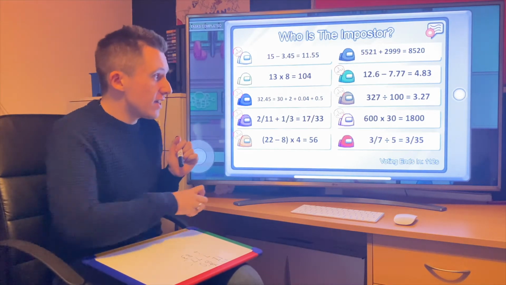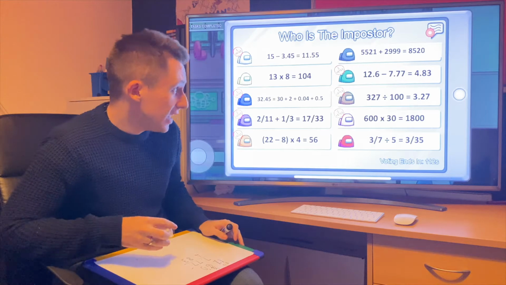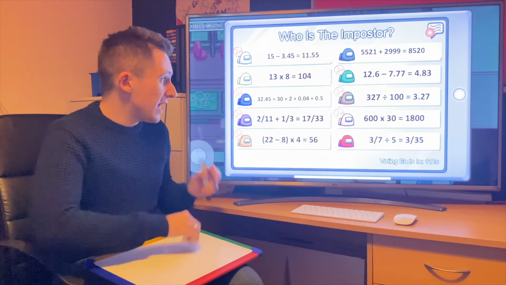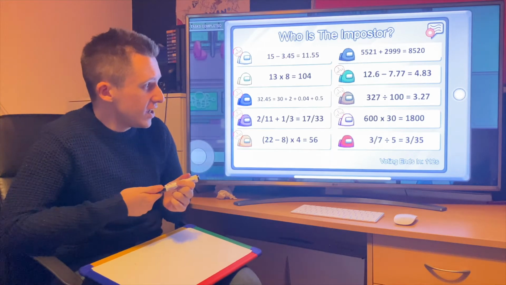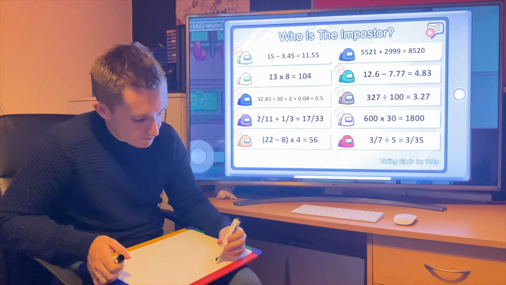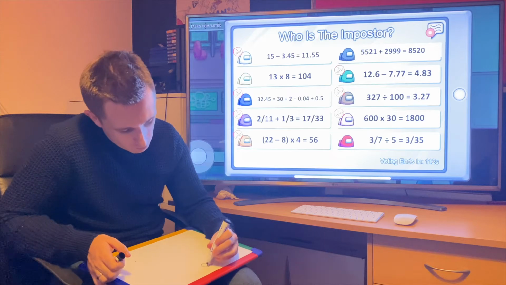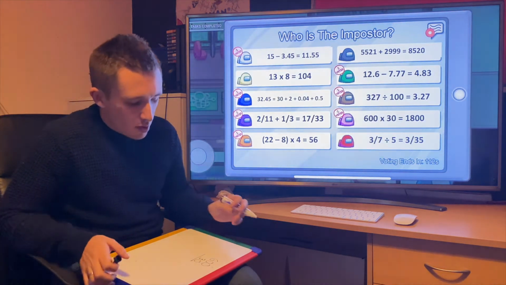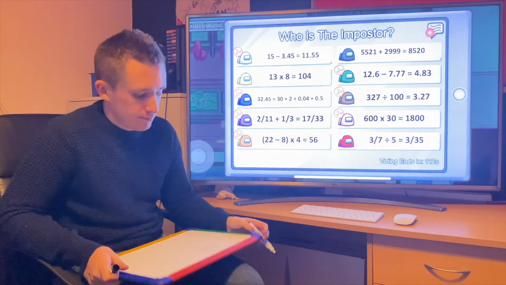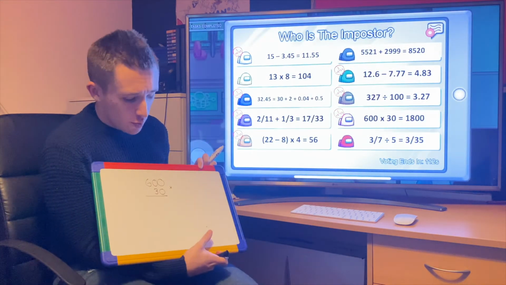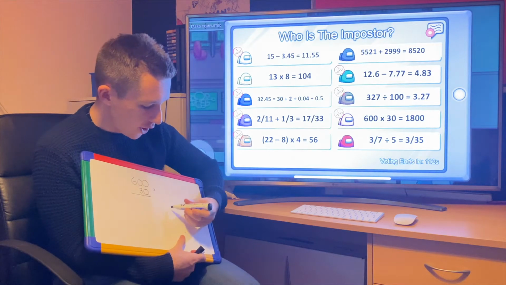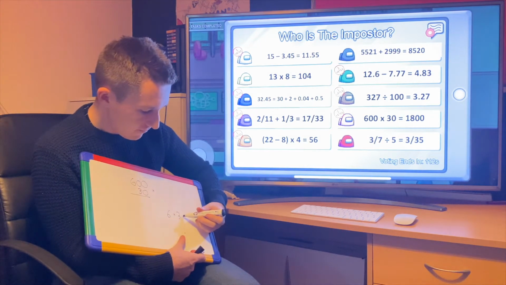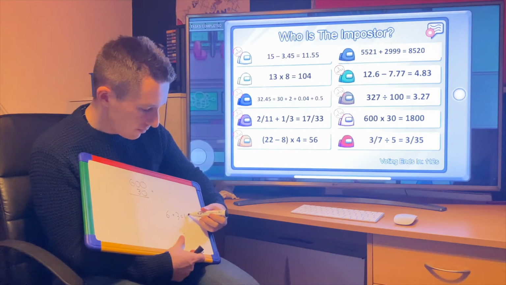Next one, 327 divided by 100 is 3.27. Yes, it is. That's lovely. Pink, 600 times 30 is 1,800. Well, the known fact that helps us is we know that 6 times 3 is 18.